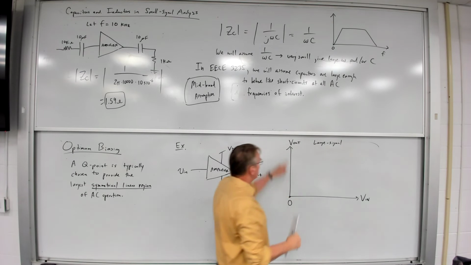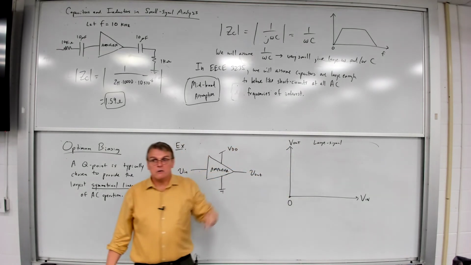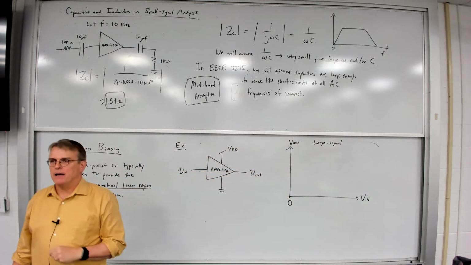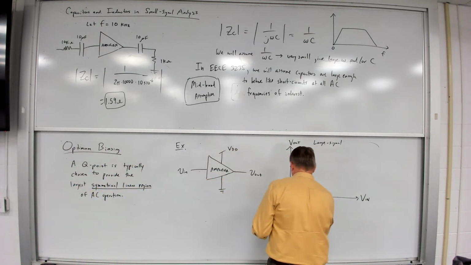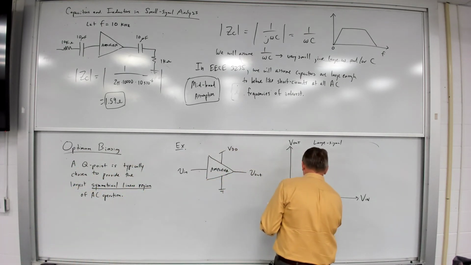So in this case, I'm going to plot Vin and Vout, and notice they're all uppercase. I'm going to plot DC values for Vin and Vout. And what we'd see is something like this, for example. You'd probably see something that looked like this.